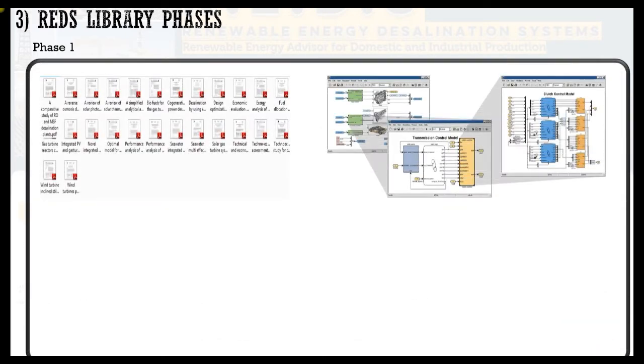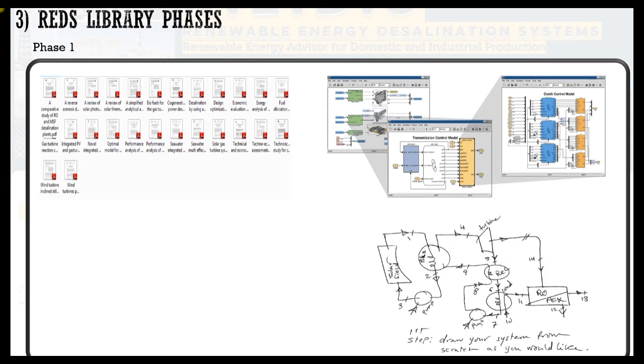Let's look at the library phases. We have to pass through some phases. Phase 1 is about data collection, choosing the Simulink model, and drawing your plant. Suppose I'm going with a solar feed pool, heat exchanger, pump, just a schematic plant.